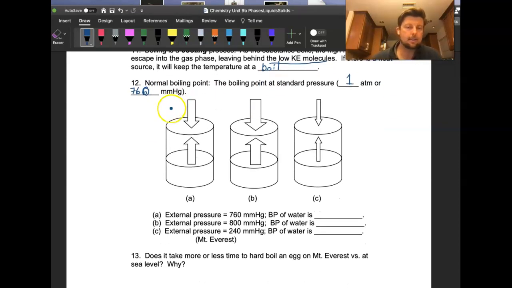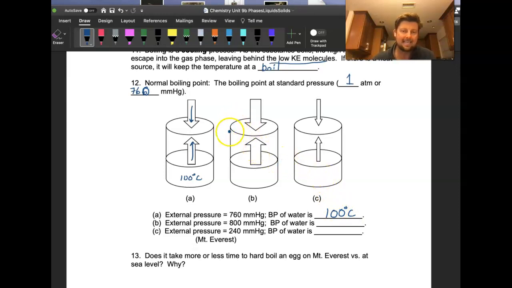And it kind of helps to look at these diagrams because the external pressure at sea level means the pressure is pushing down at normal atmospheric pressure. And if I get the temperature up here to 100 degrees Celsius, the vapor coming off it will push up at the same pressure and we'll get boiling. So at regular atmospheric pressure or normal boiling point, we get 100 degrees Celsius.